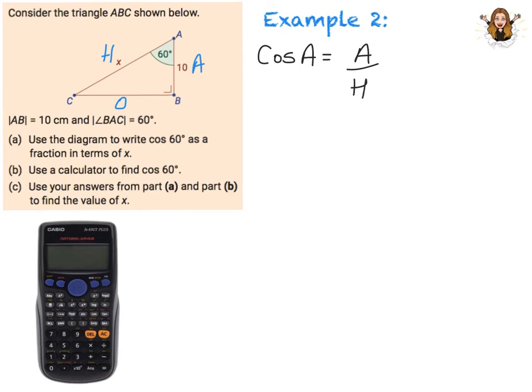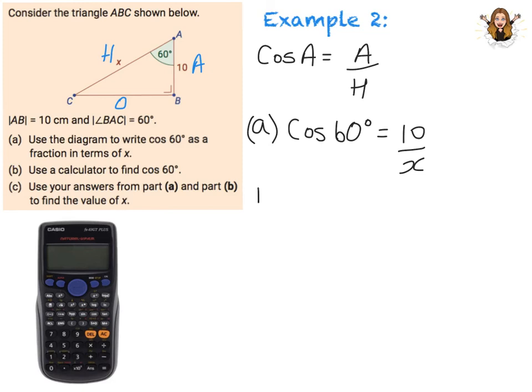Okay, in part A, they're asking us to use the diagram to write cos 60 as a fraction in terms of x. Well, just like the last question, we're going to say cos 60 is equal to A, which is 10, over x, which is H. So that's part A answered.